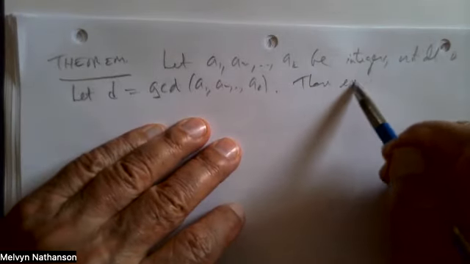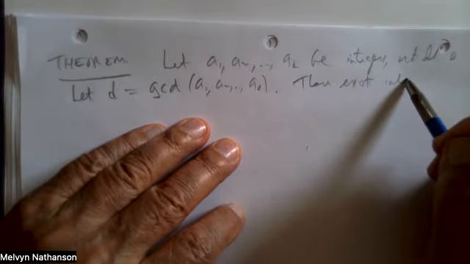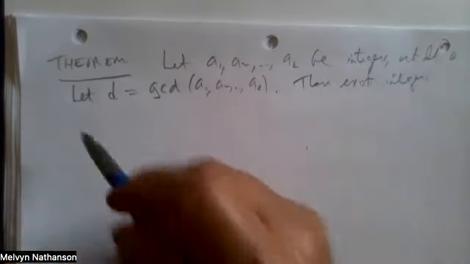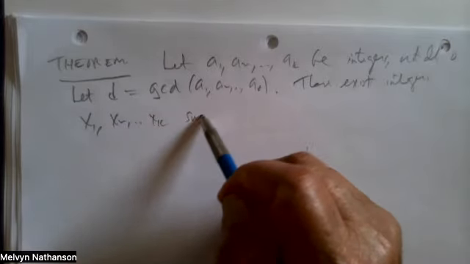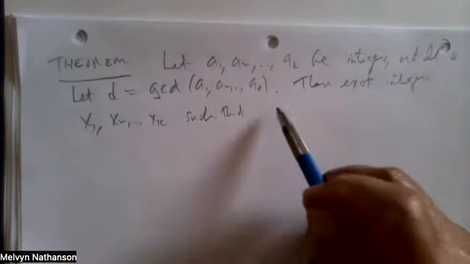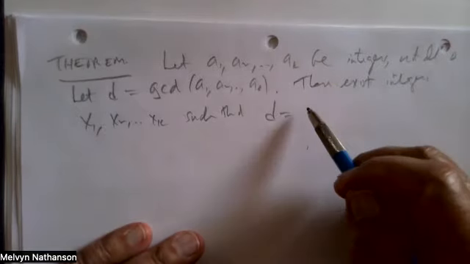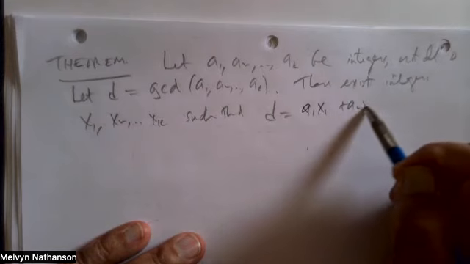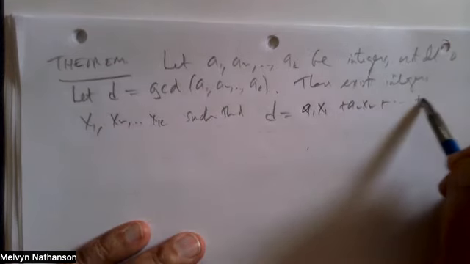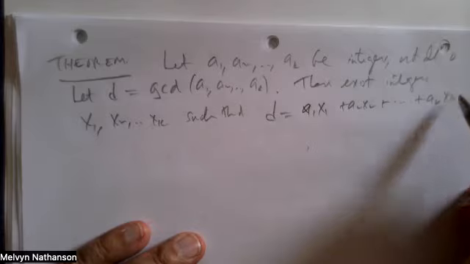So the theorem says there exist integers, not unique. It's called x1, x2 up to x sub k, such that D can be written in the form a1 x1 plus a2 x2 plus a sub k x sub k.